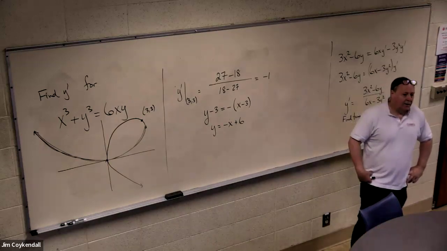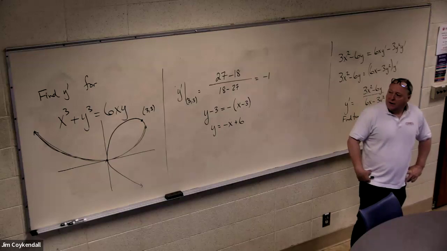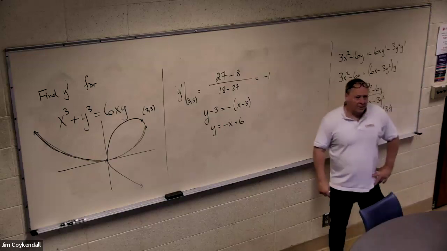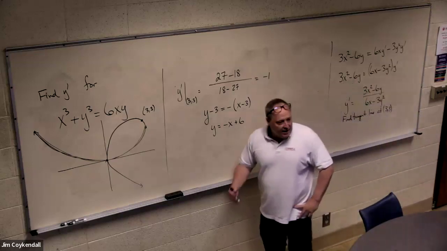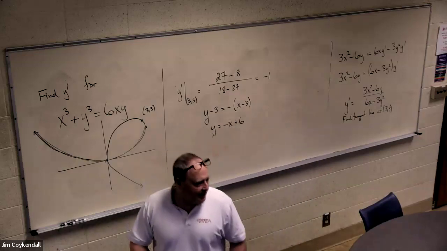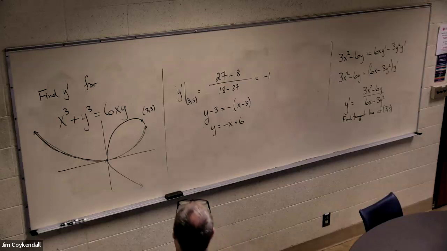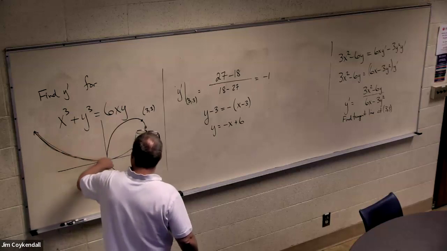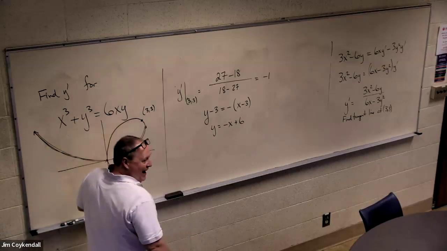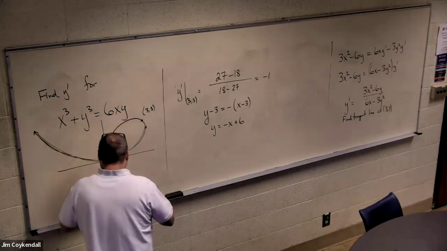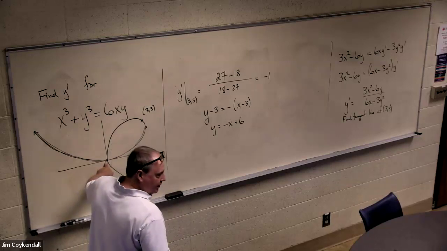By the way, here's something kind of interesting. Does anybody see a point on the curve that is bound to cause problems, even for our implicit differentiation? That's exactly right, because this curve passes through the origin twice. And so if I ask you, hey, Mr. Curve, what is your tangent line here?